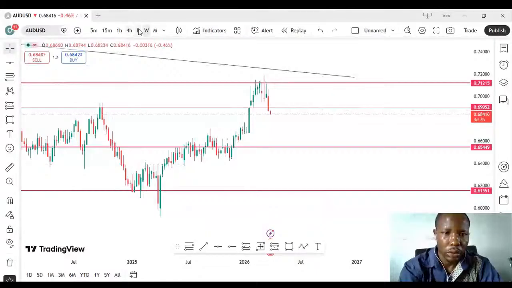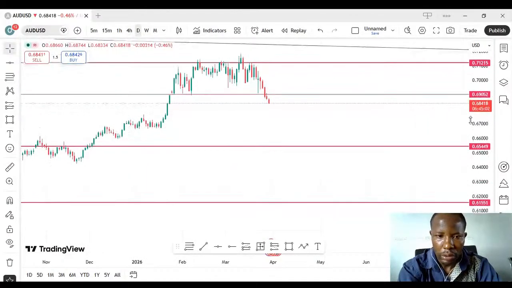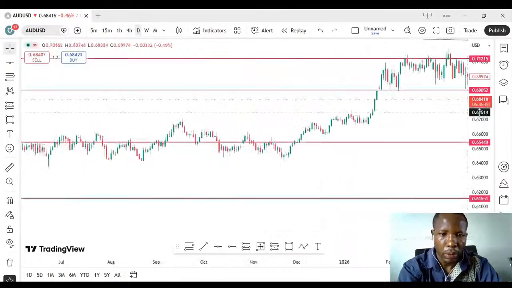But let's go to the daily to mark out where the correction might start from. We might likely start to correct to the upside.